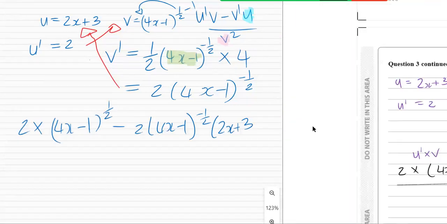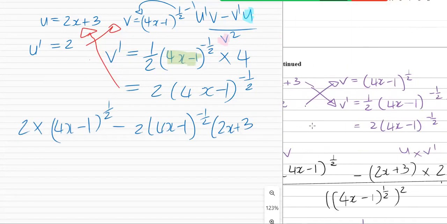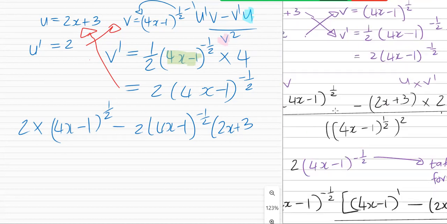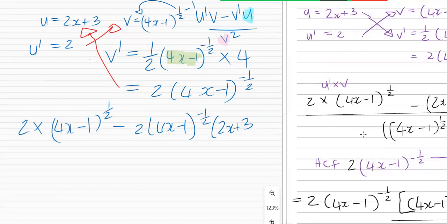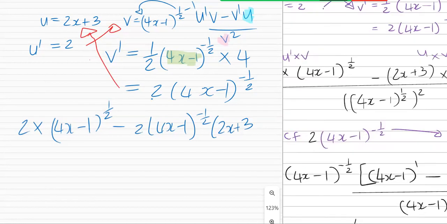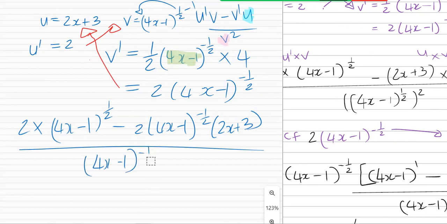Just get the right hand side of the page ready. I wrote way too big here. Okay, so that's all over a denominator of v squared. v is 4x minus 1 to the power of a half, and we're squaring that.